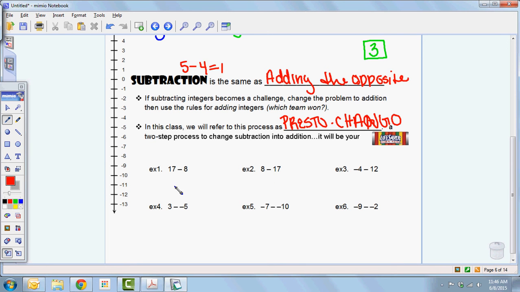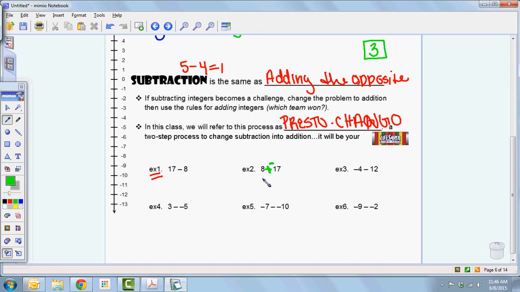I'm going to do some of these with you. I'm going to have you guys do example 1. You should know how to do example 1. We don't really need Presto Change-o for that one. It's just a regular subtraction problem. This is where Presto Change-o might come in handy because they're flipped. I have a smaller number minus a bigger number. So what I'm going to do is I'm going to add the opposite. So I'm going to change this subtraction problem to an addition problem and make this a negative.